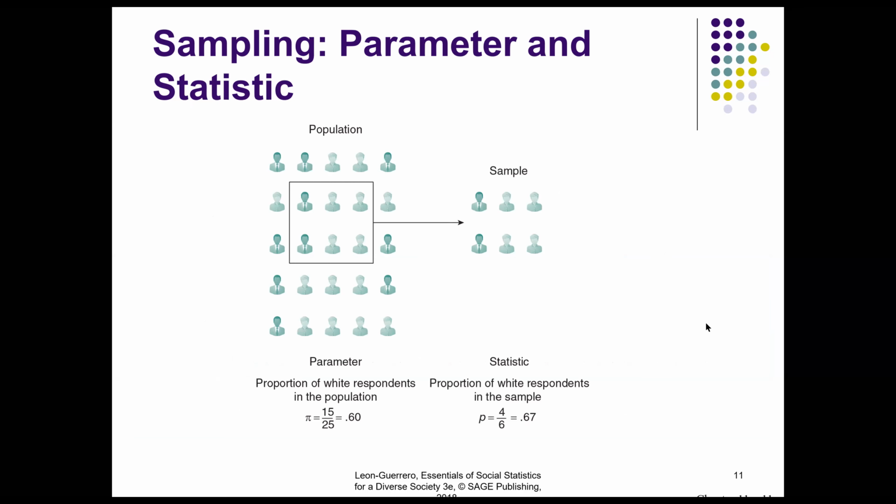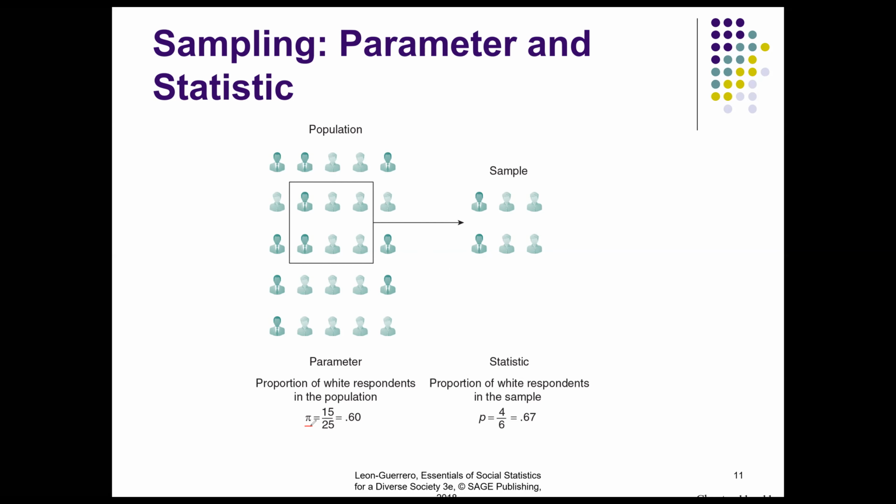So here's another good visual graphic of what parameters and statistics are. The population is the larger group of people here, and then we take a subset of them for our sample. If we're looking at the percentage of white respondents from the population, we have down here at the bottom the pi.